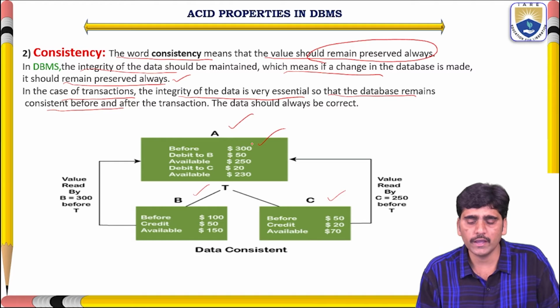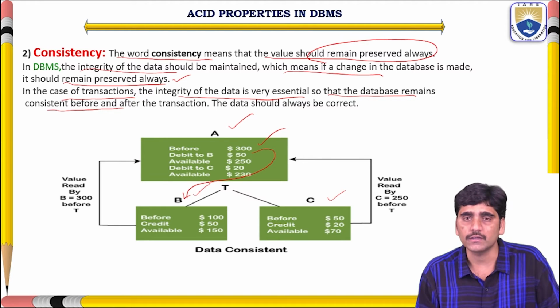So A account holder has 300 rupees and he wants to debit 50 rupees to B account holder. He wants to transfer 50 rupees to B account holder. So now the available balance is what? 250 rupees, because he transferred 50 rupees to B account holder, right?